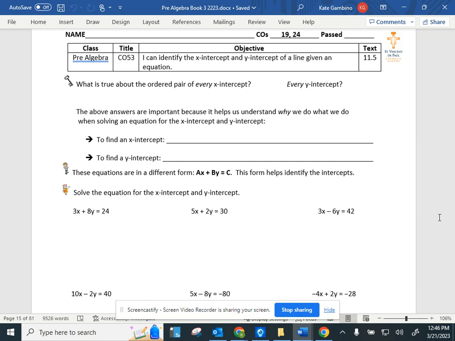So our last objective, we saw the line, we could clearly see where it crossed the x-axis and where it crossed the y-axis. Now it's not going to be so clear because we have to work with the equation. So we're going to do a little bit more math onto this. So what is true about the ordered pair of every x-intercept?